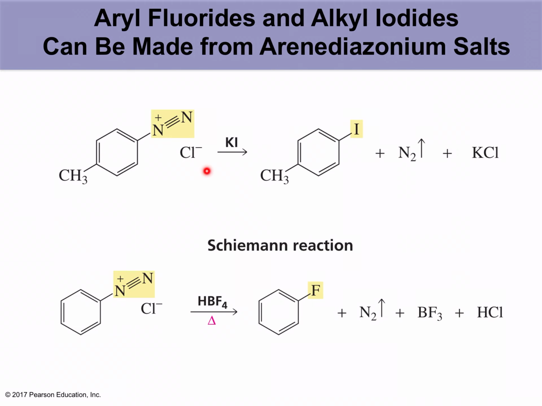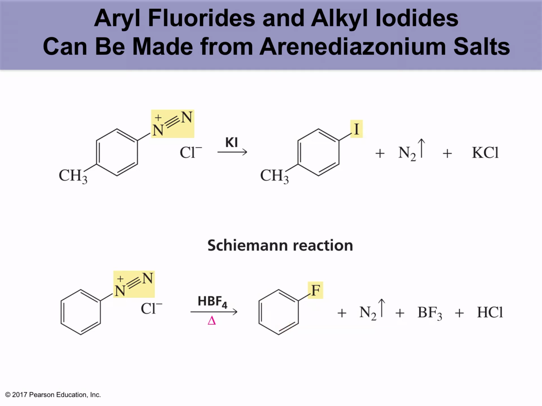Another one, when you use diazonium salt with potassium iodide, you can put an iodo group. And then to form a fluoride, you can use HBF4 complex. So then this group will be replaced with the fluorine, so fluorobenzene.